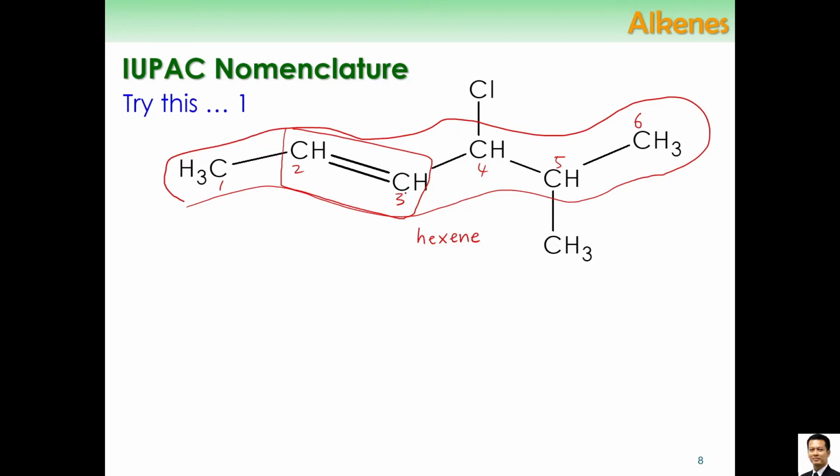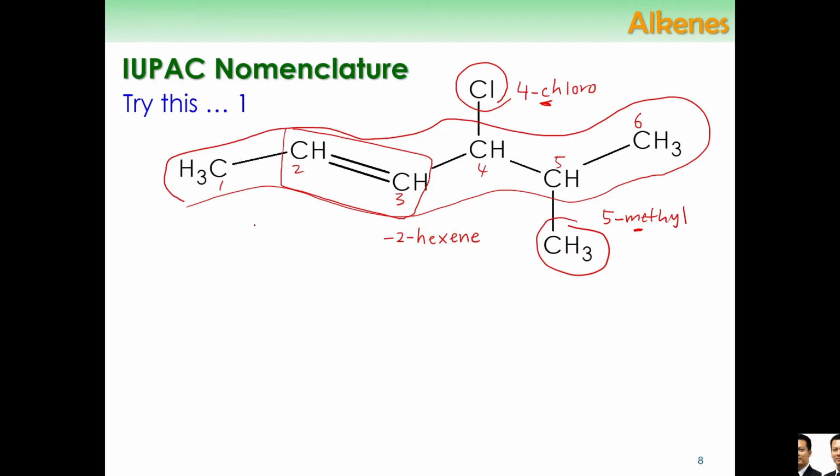You don't have to put the number 3. You just put the number 2. So it means that we have 2-hexene. Okay, 2-hexene. And then you need to determine the position of substituents. This is chloro at carbon number 4, and this is methyl attached at carbon number 5. According to alphabetical order, chloro is first and then methyl.